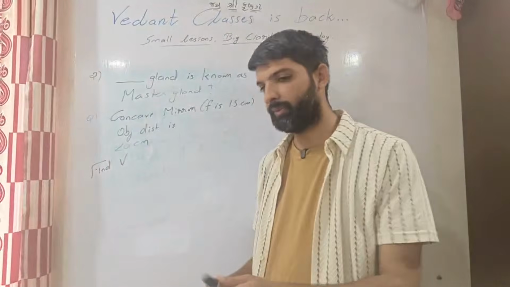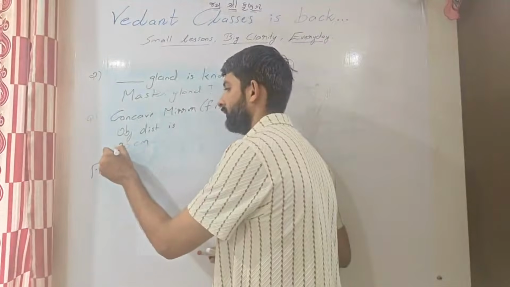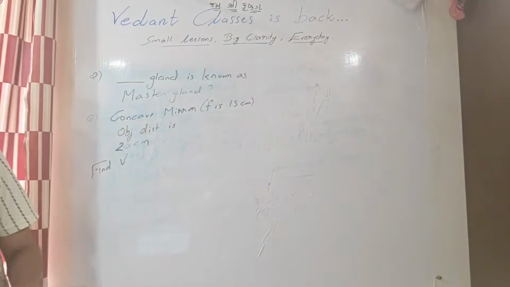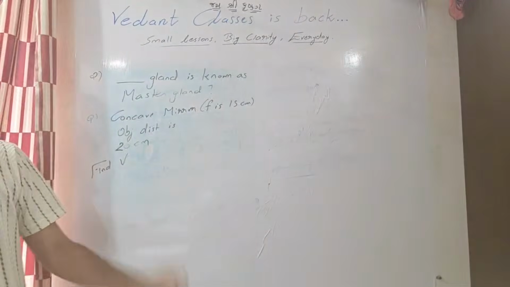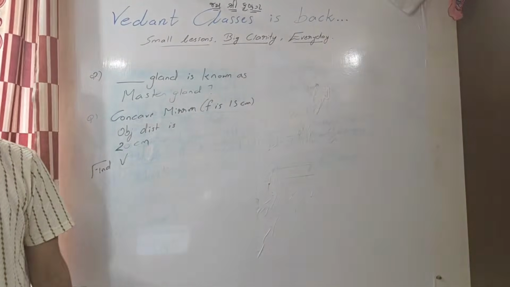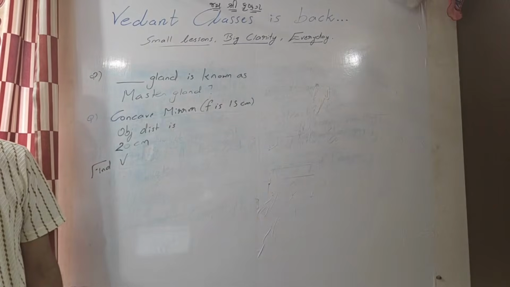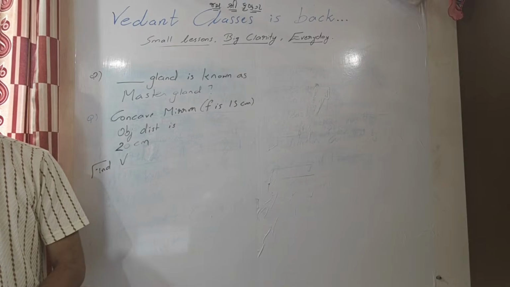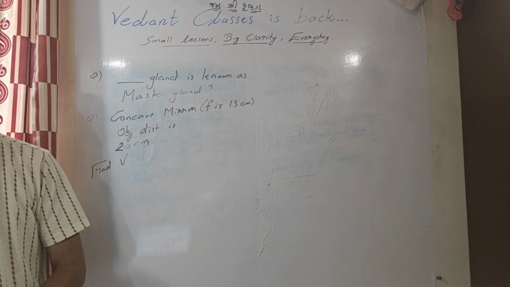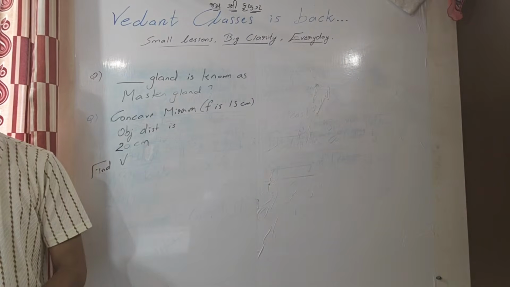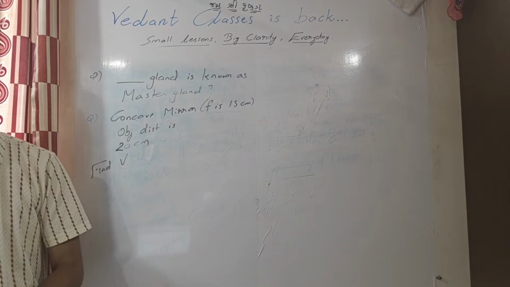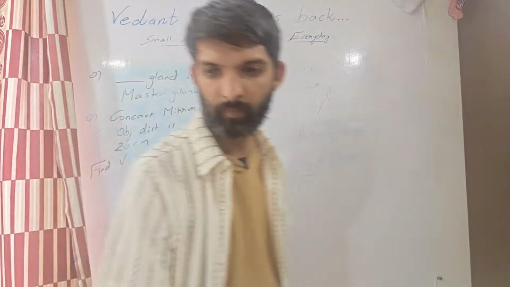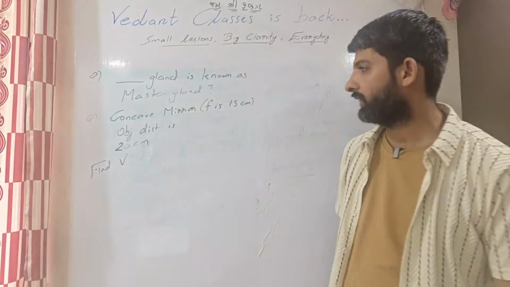Object distance 20 centimeter, focal length is 60, focal length is 50, object distance is 20. चलो एक न्यूमेरिकल ट्राई करो.